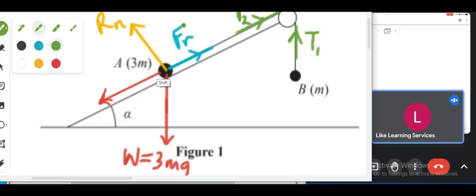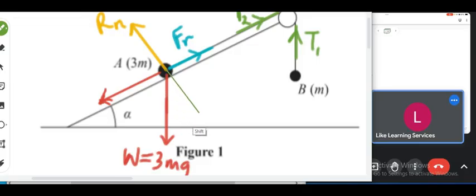If you bring this down a bit and complete this, you have resolved these two components. Okay, let me use different colors. I've used the green. I will use black.